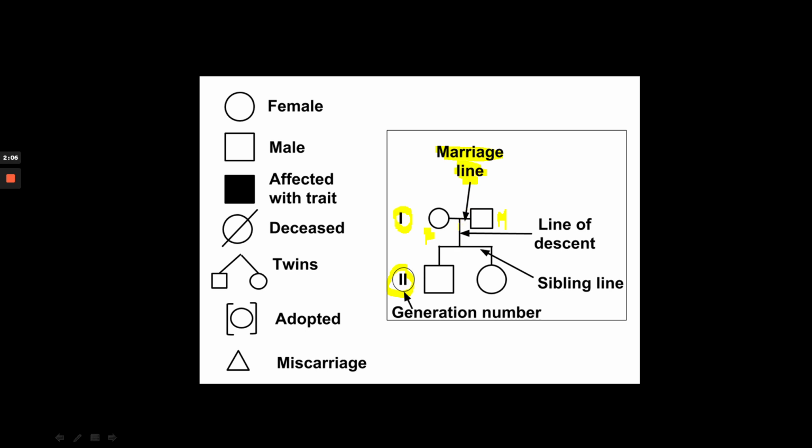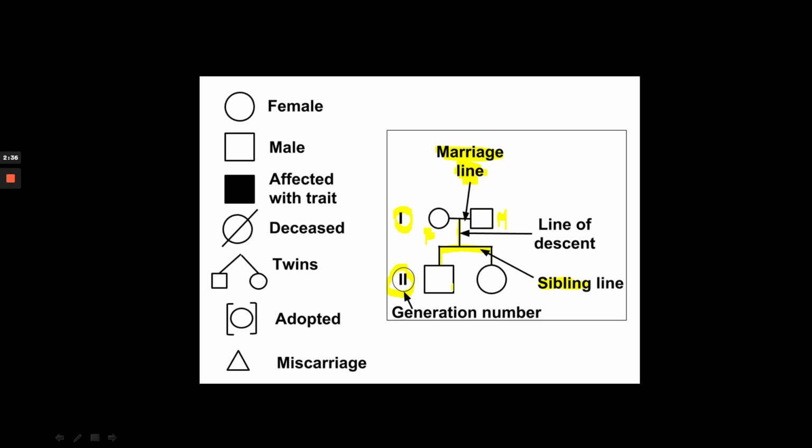This downward line is the line of descent, showing that these two individuals give rise to the second generation, like this one and this one. These are the children, a male child and a female child. Since they have been produced from the same parents, they must be siblings, so this whole line represents the siblings together, right?